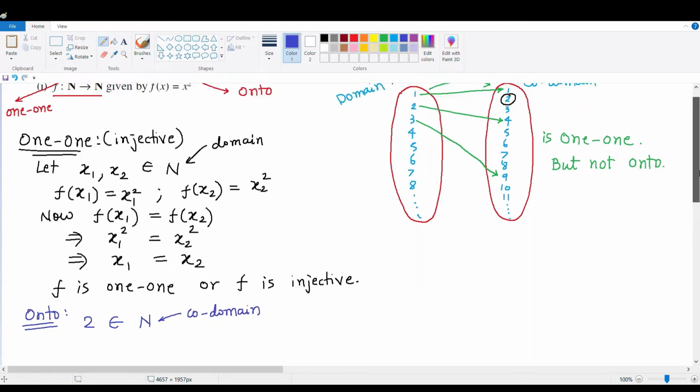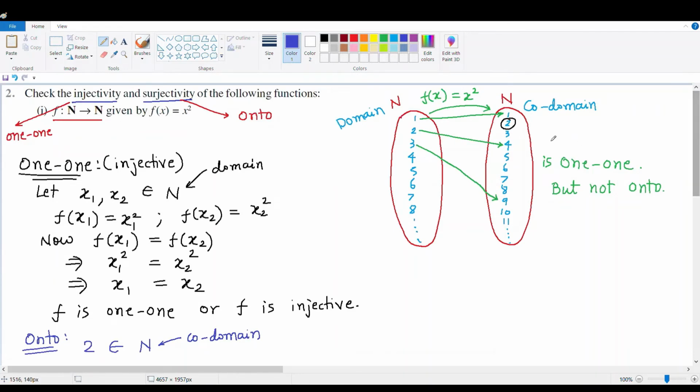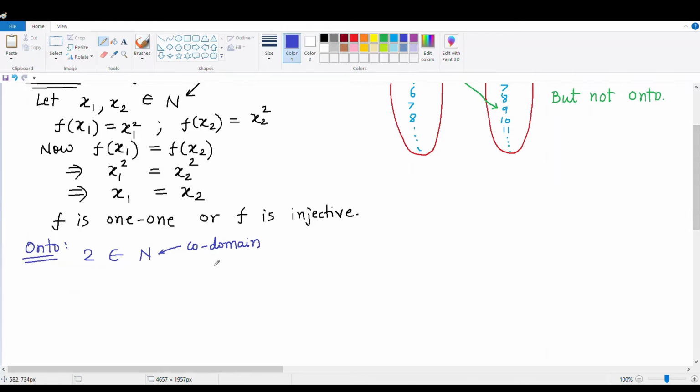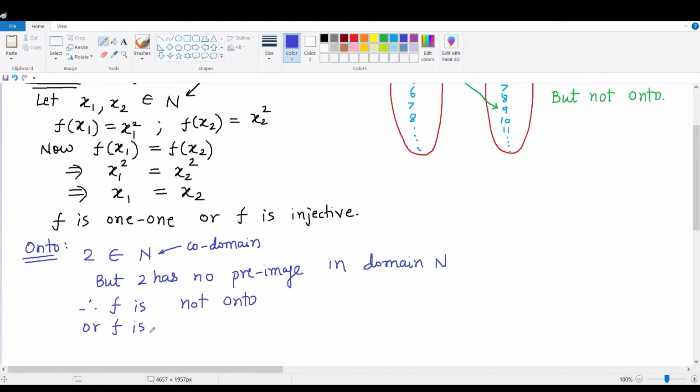So 2 is here in this codomain, but it does not have any pre-image in this domain, so this function is not onto. But 2 has no pre-image in domain N, therefore f is not onto, or you can say f is not surjective.